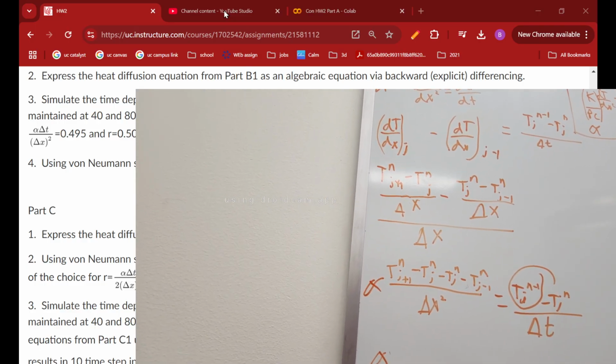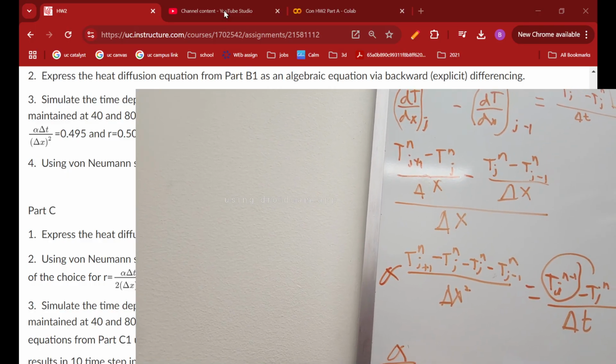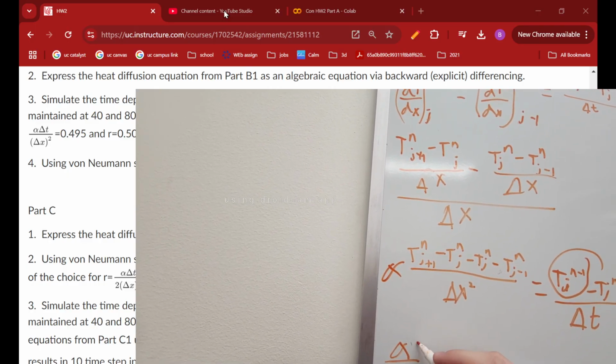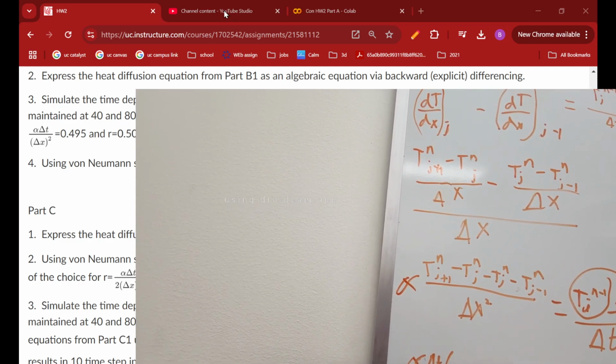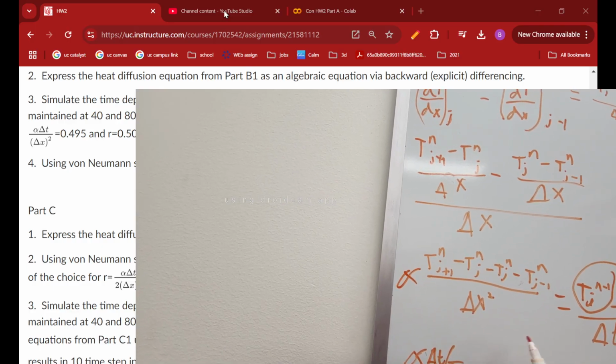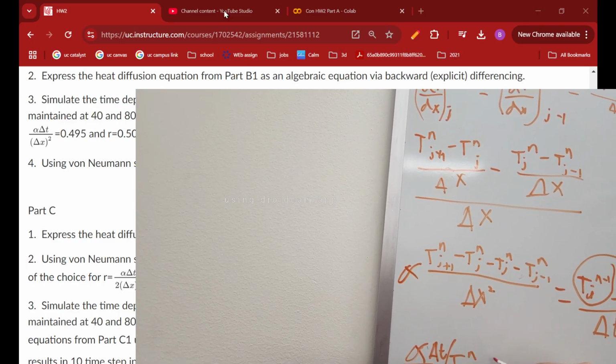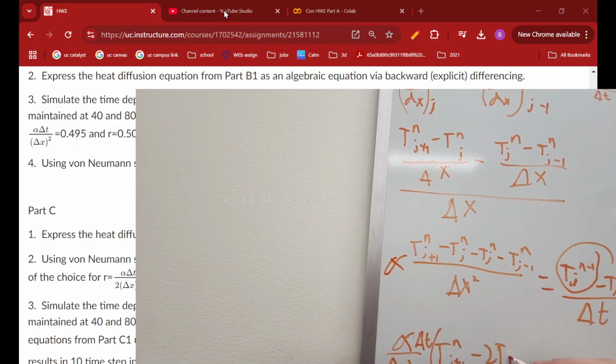So we have alpha over delta x squared times T j plus 1 minus T j n.